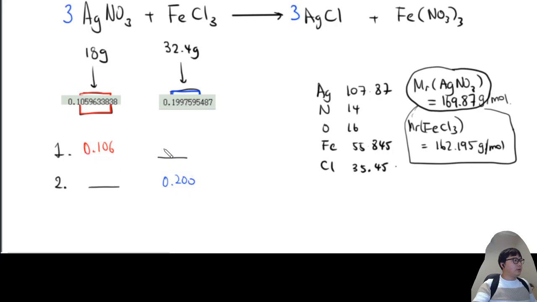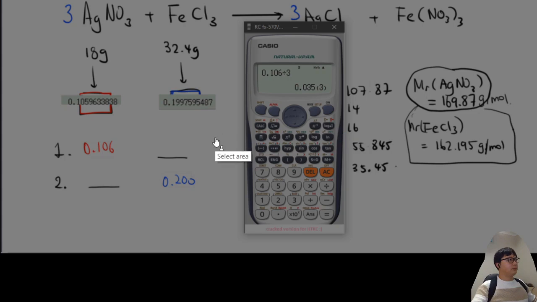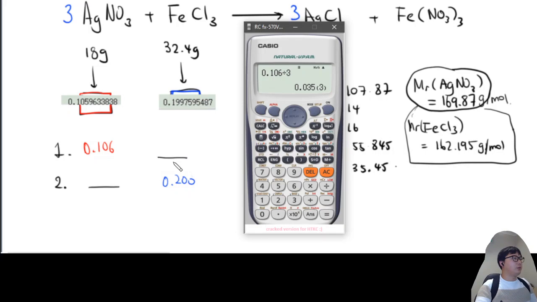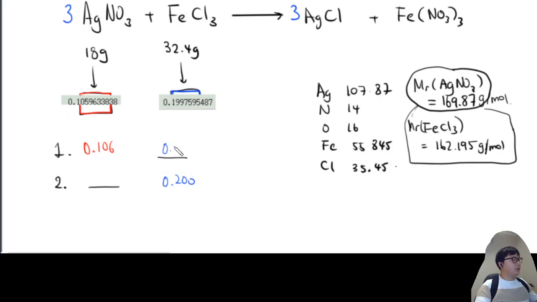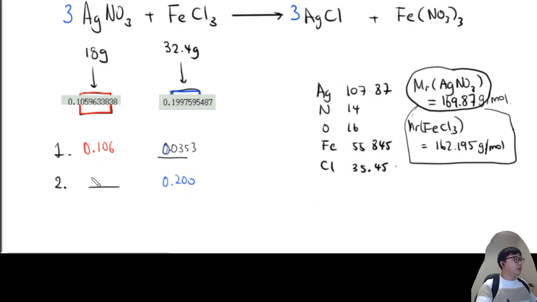So to go from there to there, 0.106 divided by 3, right? Then you get 0.0353. And this would be 0.6, right?